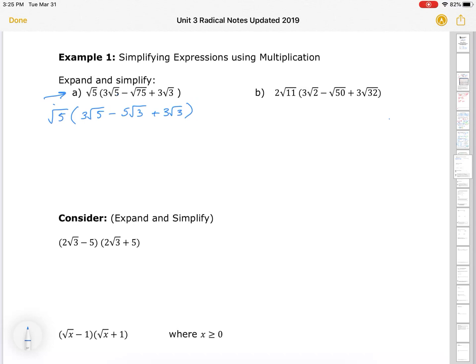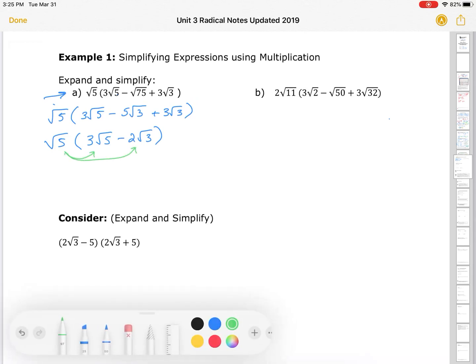Now again, if I want to simplify my life before I multiply, I can combine like terms. So I have my root 5 here, I have 3 root 5, and then I have negative 5 root 3 plus 3 root 3. So that is the same as negative 2 root 3. And now I just have to distribute. And when I distribute, I'm going to multiply everything in the brackets by that root 5.